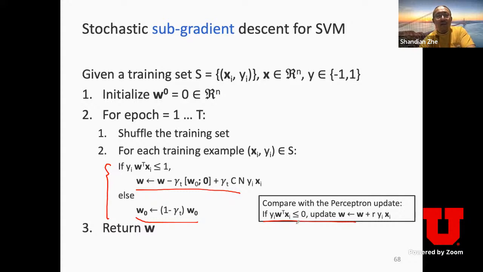If the prediction is correct, then we don't update W. In other words, we can view it as adding 0 or subtracting 0 to W. But if we make a mistake, which can be verified by this inequality, then we update W using this, namely W equals W plus R yi xi. This is the perceptron updating rule.